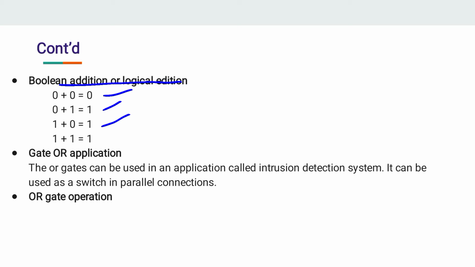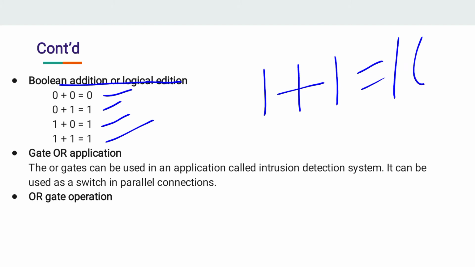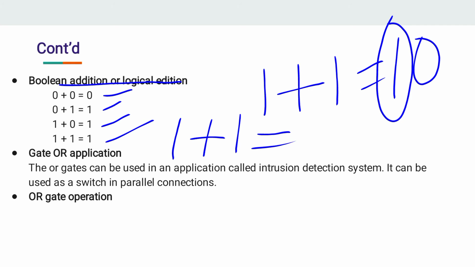When you add both 1, that is 1 plus 1, you will get 10, where the 1 is a carry in the addition operation. But in a Boolean addition, when you get 1 plus 1, you will get 1. Clear? In the previous calculation part in the number system, when you add 1 plus 1, you get 10, where the 1 acts as a carry. But in a Boolean addition, when you add 1 plus 1, you will get 1.